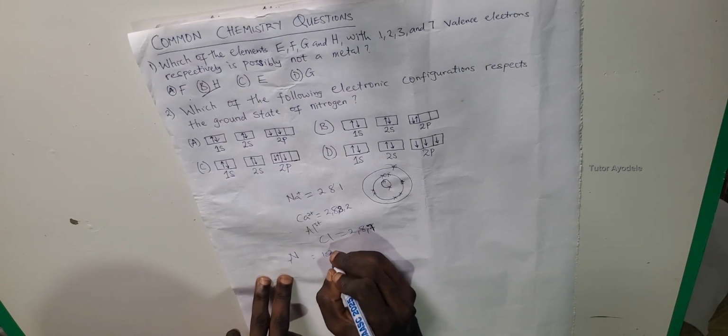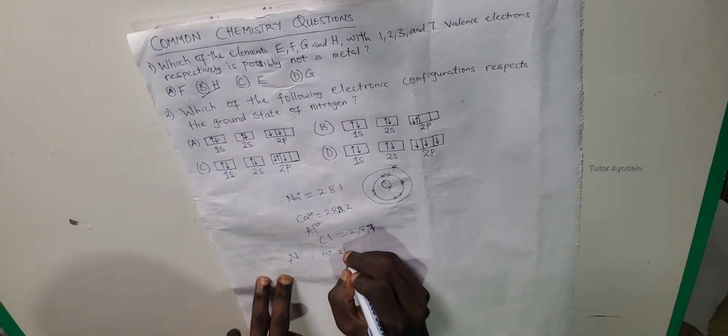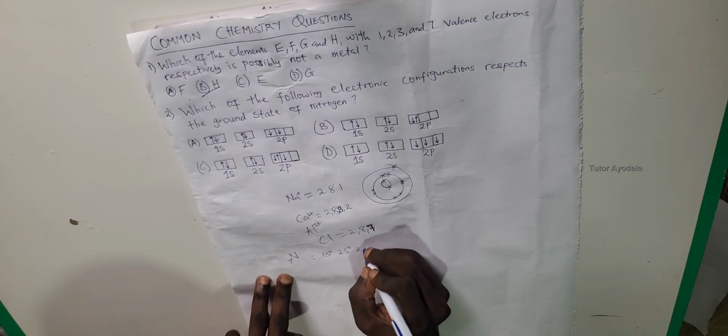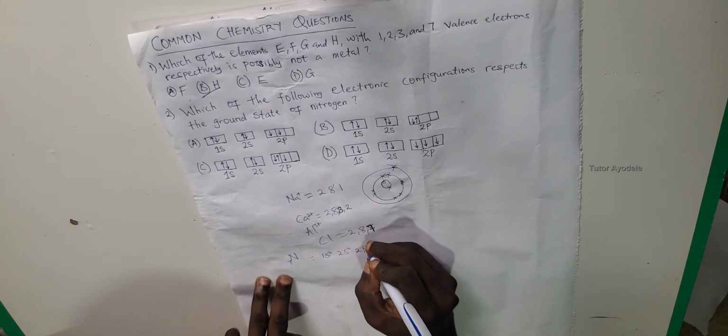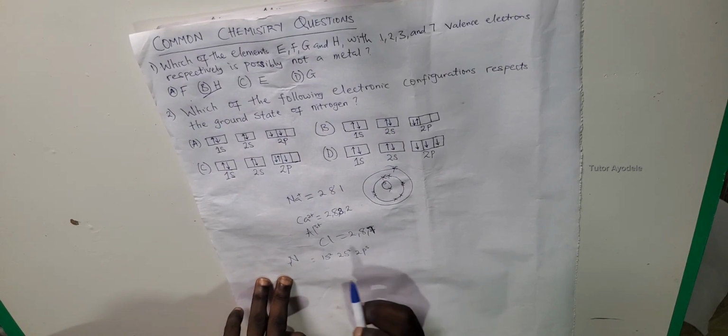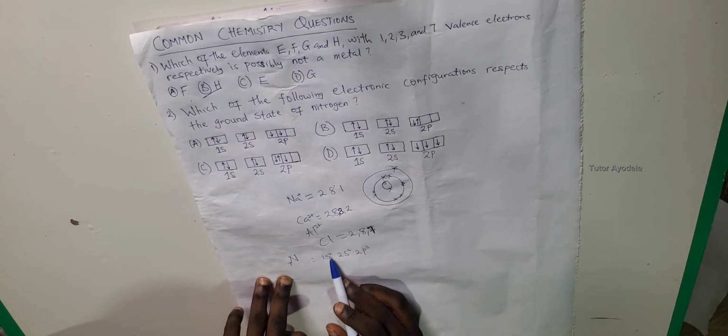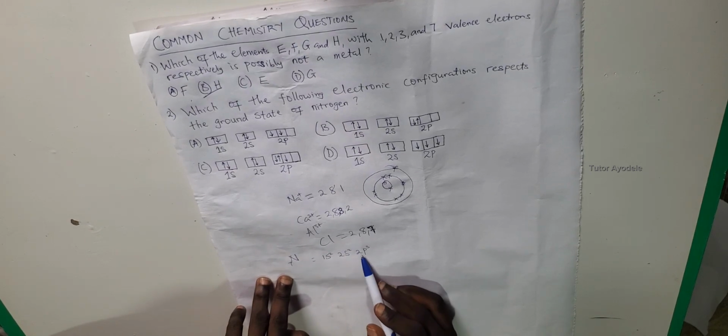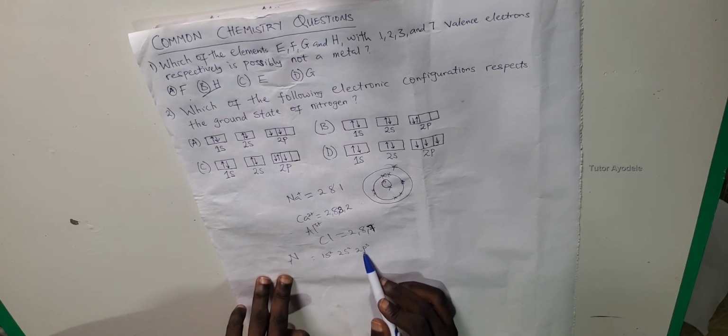The electronic configuration of nitrogen is 1s2, 2s2, and 2p3. Now, how many orbitals do we have? We have the 1s orbital, the 2s orbital, and the 2p orbital.